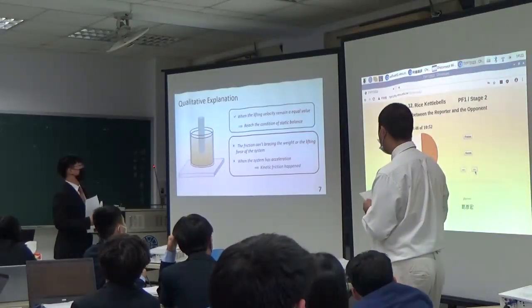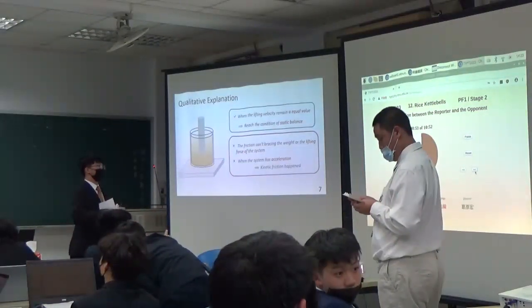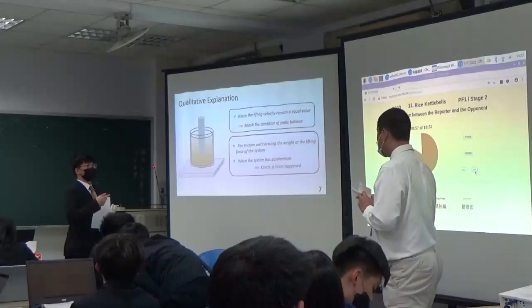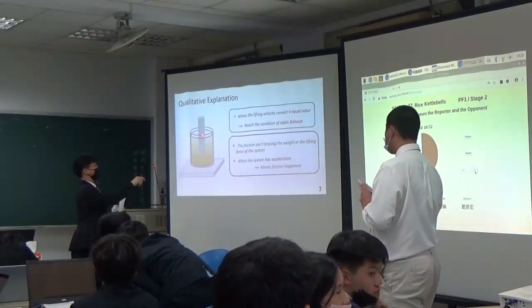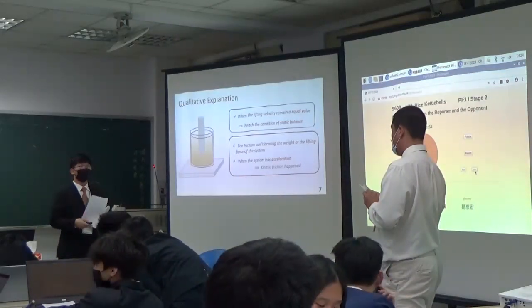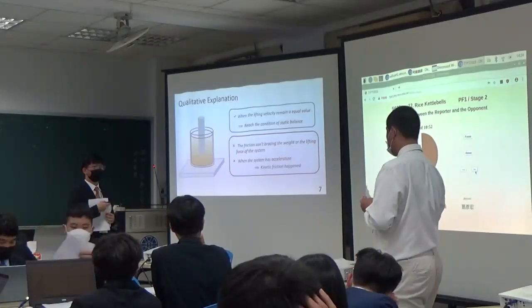Oh, when the acceleration is big, it might cause kinetic friction, which means that we will decrease the friction between the rod and the particle. So I think it will complicate our problem.